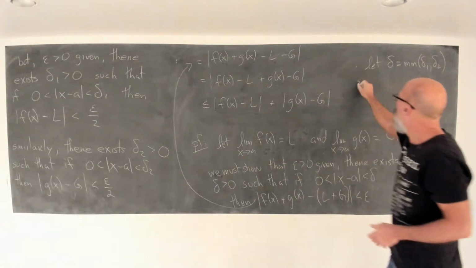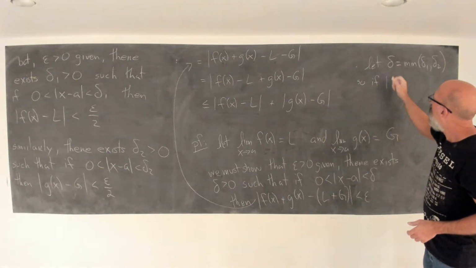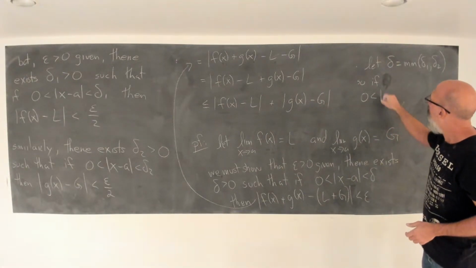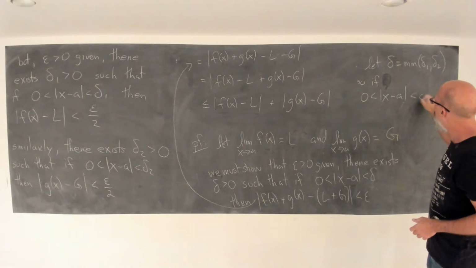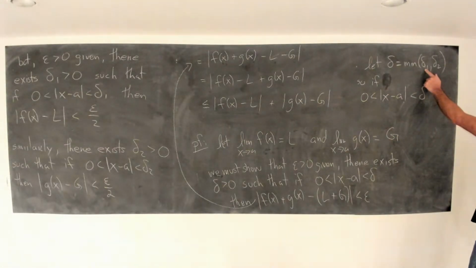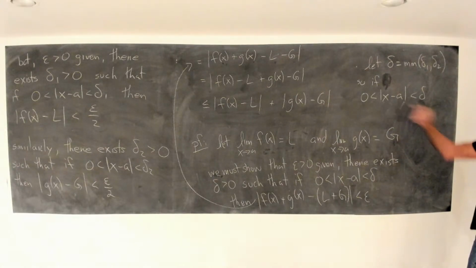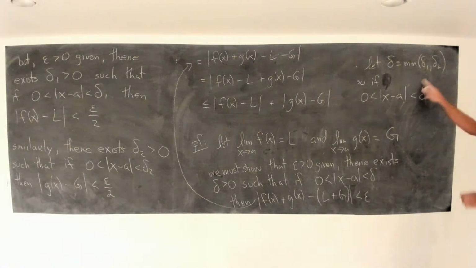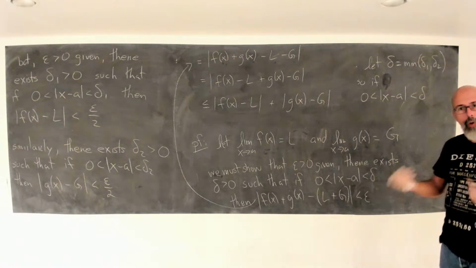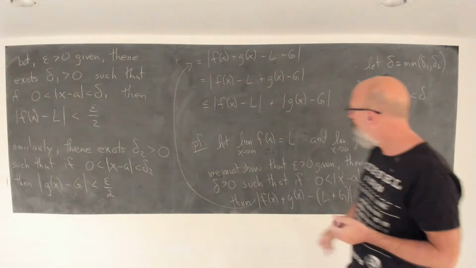So if the absolute value of x minus a is less than delta, then it's less than delta 1 and also less than delta 2, since delta is the smaller of the two.